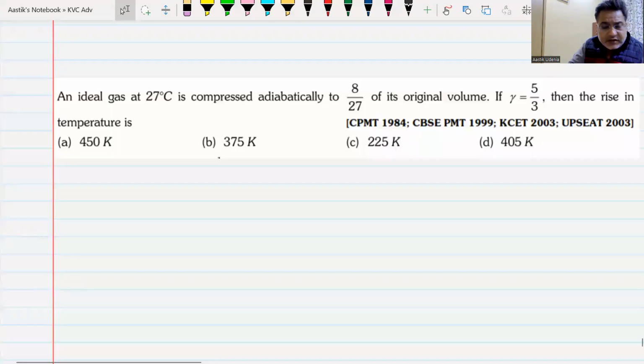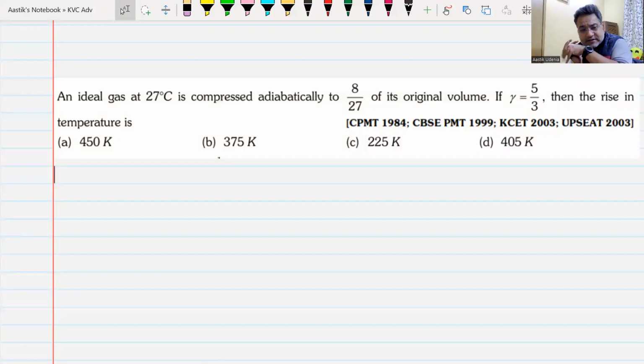This one. An ideal gas at 27 degrees Celsius is compressed adiabatically to 8 by 27 of its original volume. Gamma is 5 by 3. What is the rise in temperature? Remember, temperature has to be always used in kelvins.